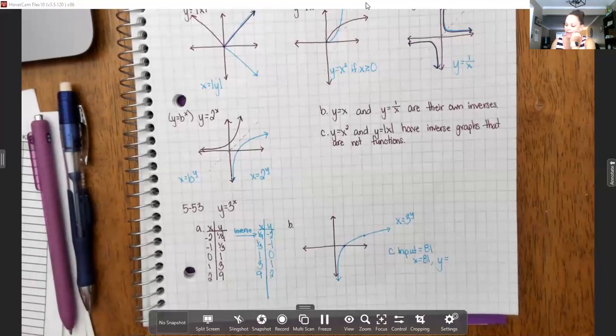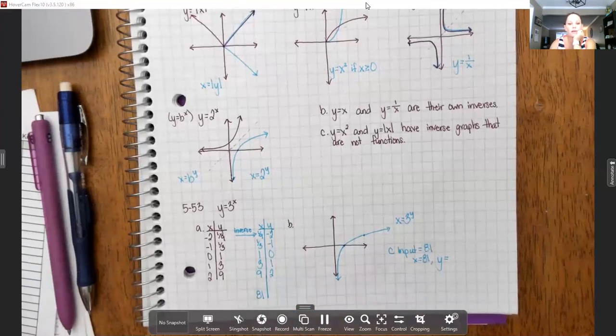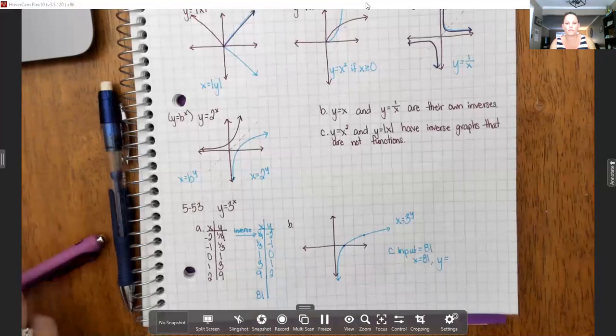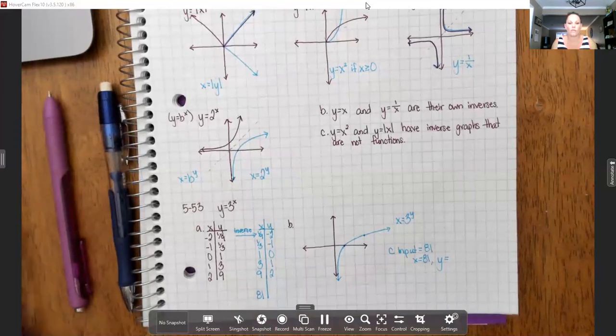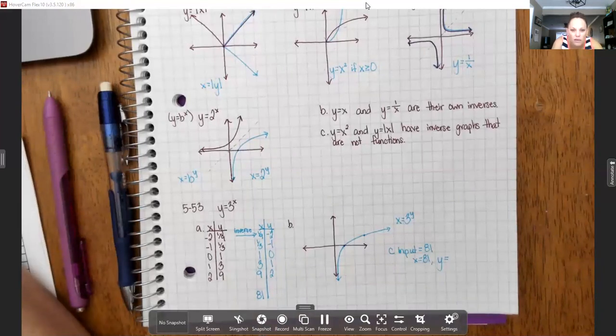So again, if I extended my table down here and I said, okay, X is 81, well, what's Y? All right, it looks like we have about half of you so far. Thank you.